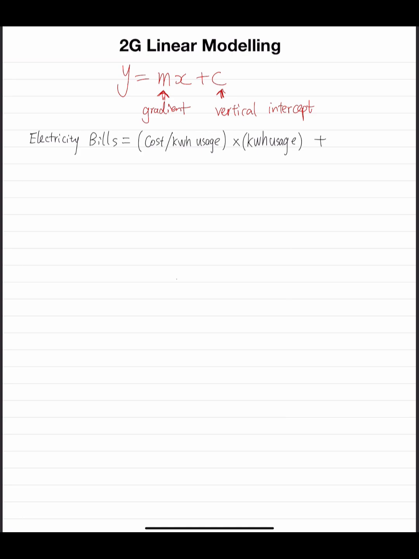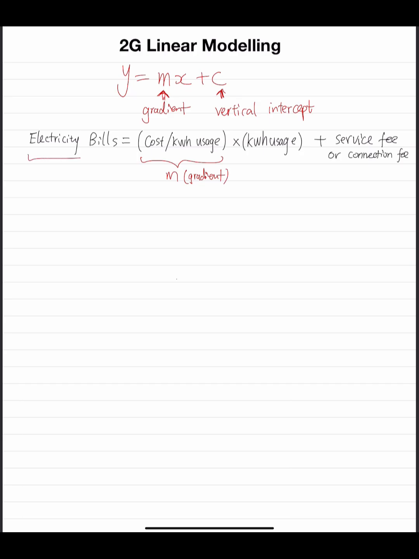In this case it can be, for example, a service fee or a connection fee. Not many utility companies in Australia still charge a connection fee, but if they do, this is the fixed cost. This one here is the gradient, that is basically the m.